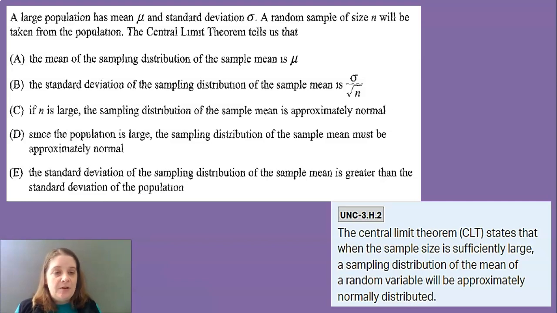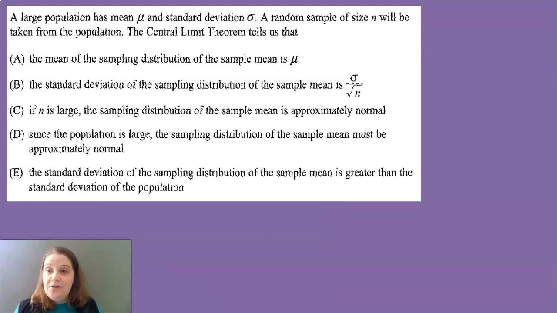The central limit theorem, CLT, states that when the sample size is sufficiently large, the sampling distribution of the mean of a random variable will be approximately normally distributed. Okay, so the central limit theorem says that for large sample sizes, the sampling distribution of all those x bar values will be approximately normal.